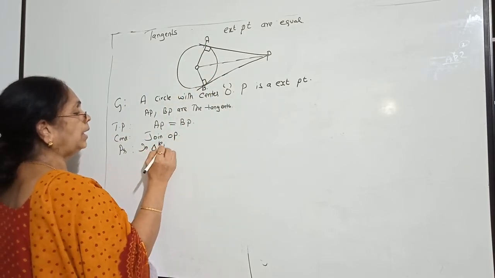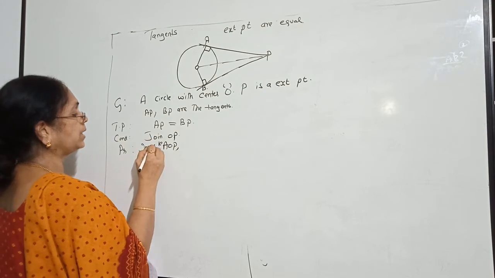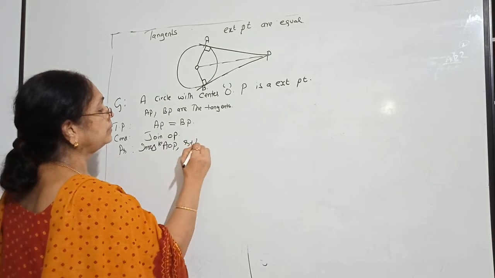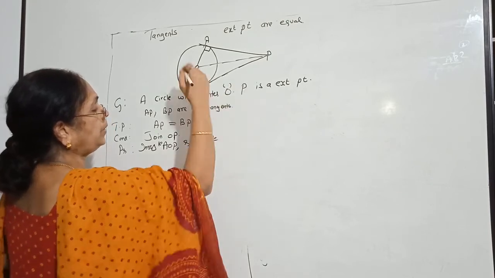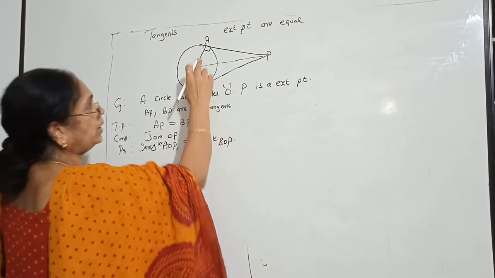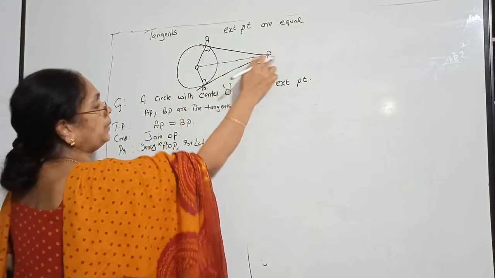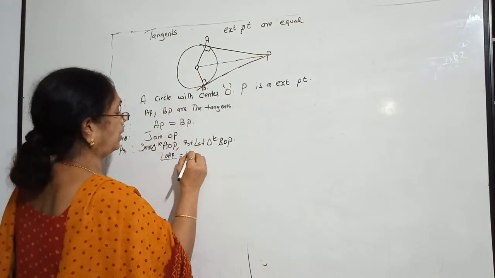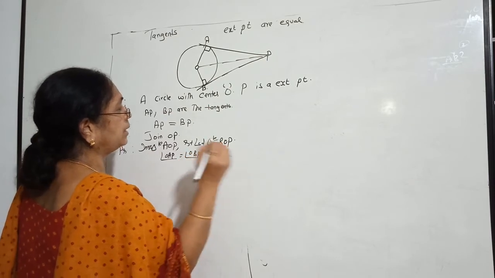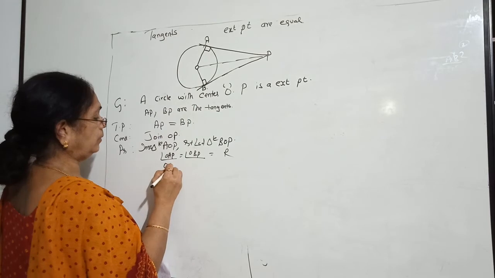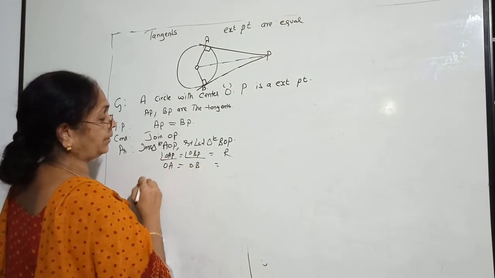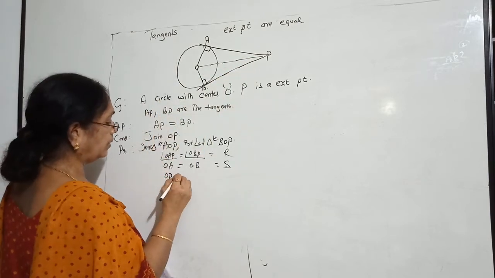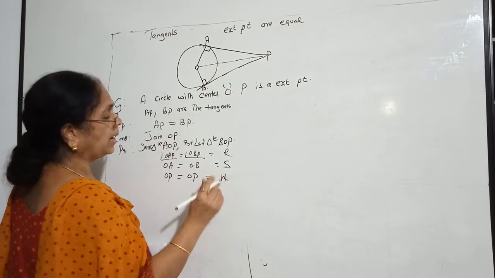In triangle AOP, which is a right angle triangle, and in right angle triangle BOP, angle OAP is equal to angle OBP, it is a right angle. Now OA is equal to OB, radius of the circle, so they are equal sides. Then OP is the common side, and it also acts as a hypotenuse.